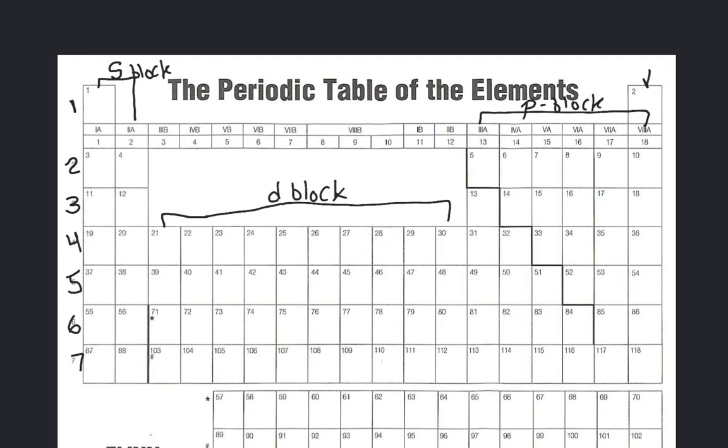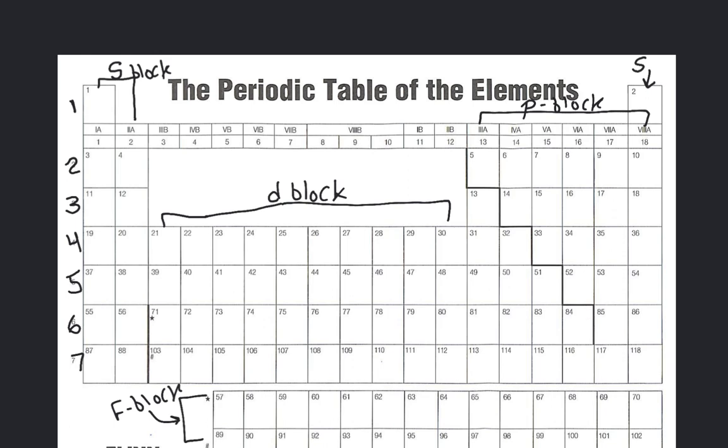Except for this helium, this one's part of the S block. And then the F block, I'm not going to get too much into it, but this cutout down here, those 2 rows that are cut out, those are where the F orbitals are located. And so if you understand the periodic table, you can kind of read this like a book.